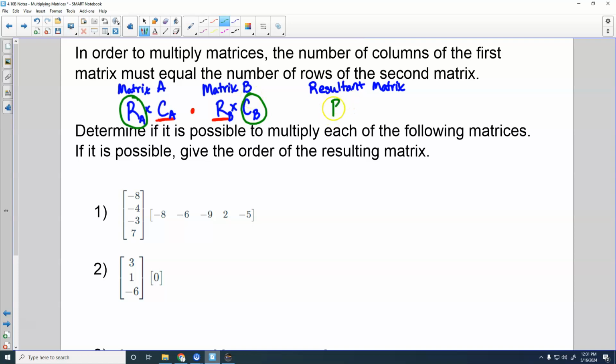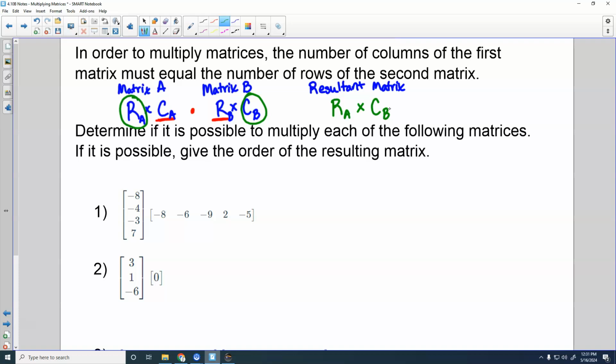So it would be the rows of A by the columns of B. The middle two have to match, and the outside two will give you the order of your resultant matrix.